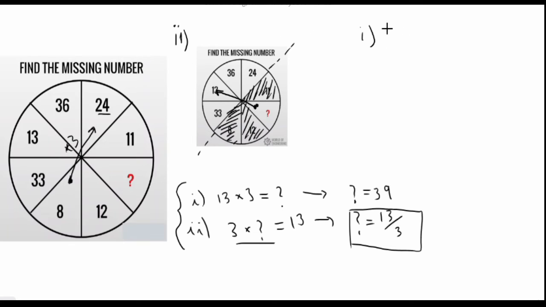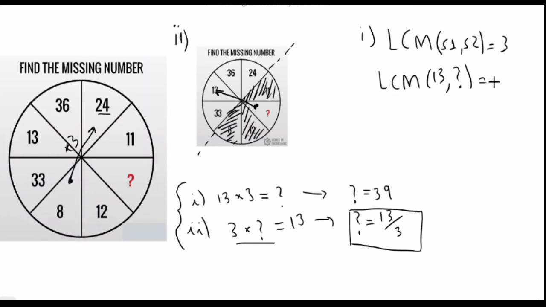Another alternative is that the least common multiple of two slices, slice 1 and slice 2, should be equal to 3. If that is the case, we will have the least common multiple of 13 and question mark equal to 3. In that case, the question mark should be equal to 39.